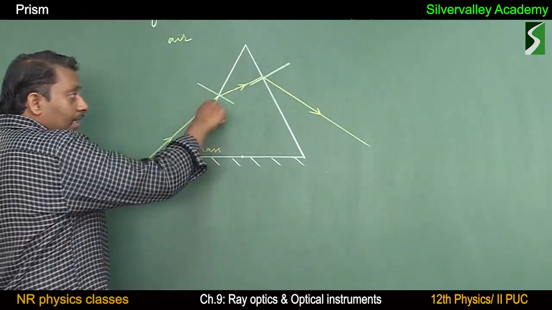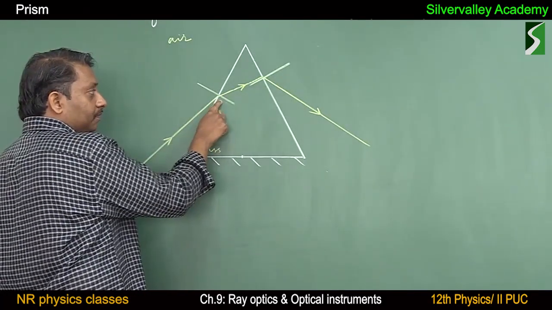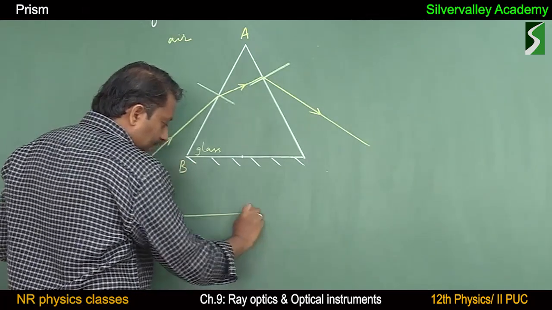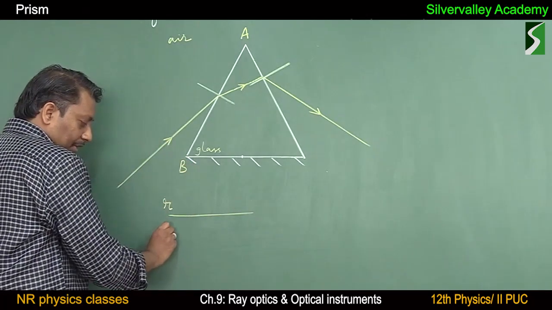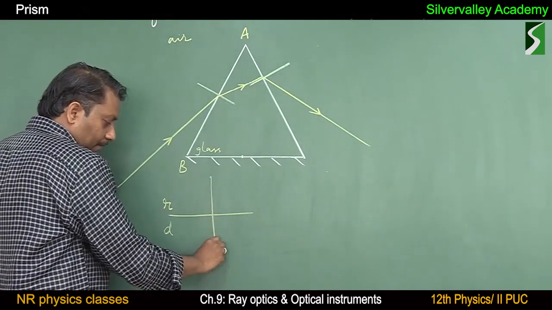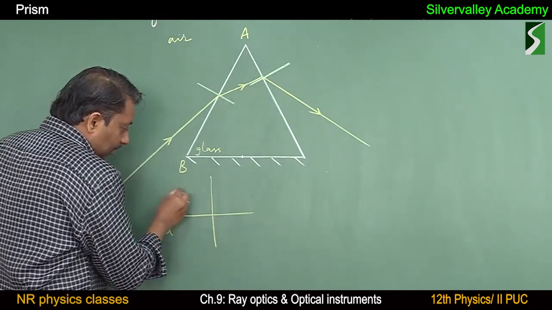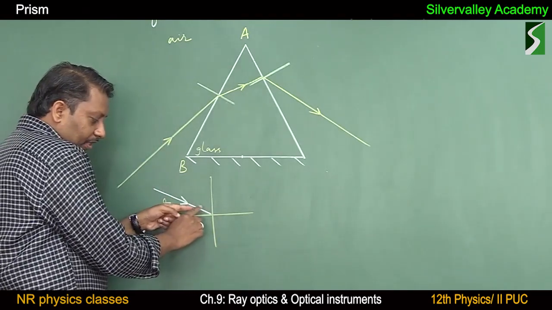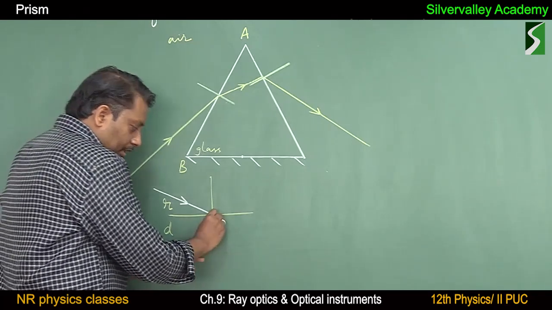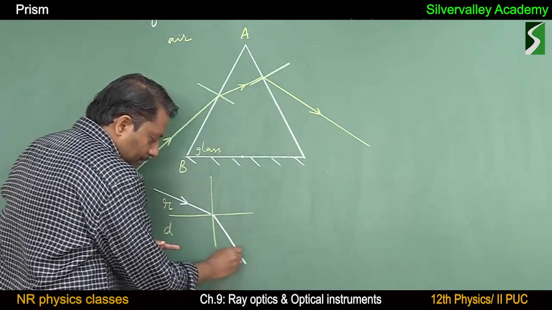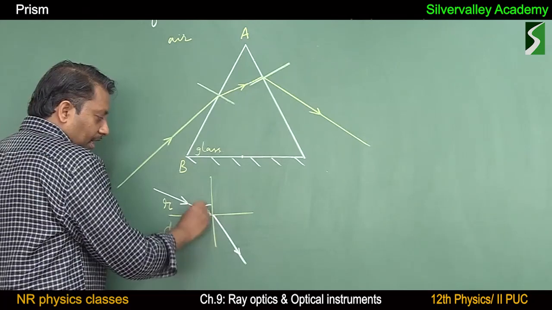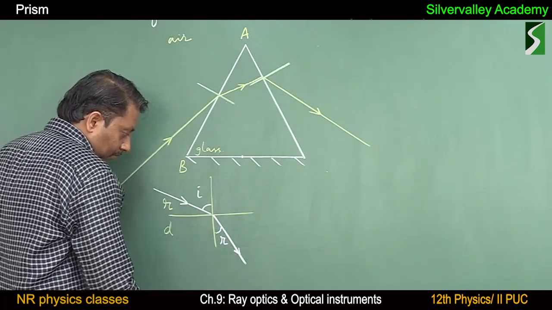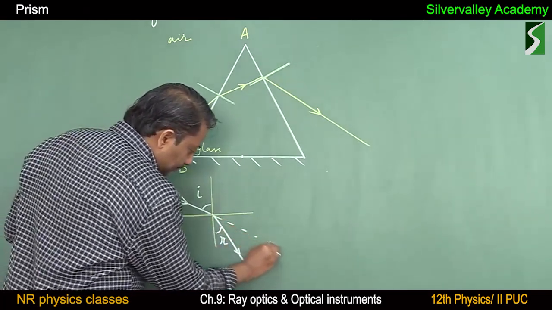In this interface AB, light ray is traveling from rarer medium to denser medium. Draw normal. Incident ray. This ray, when it enters the denser medium, it should bend towards the normal. This is I, this is R, this is the direction of incidence.